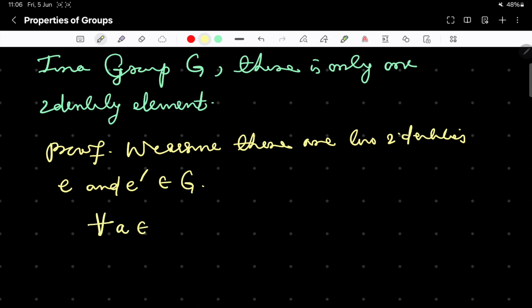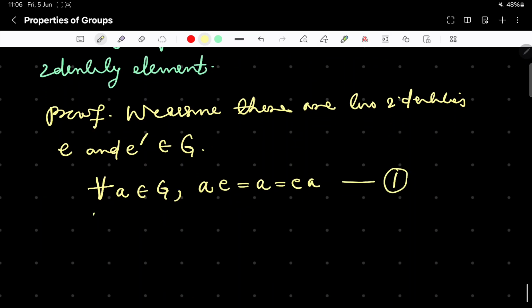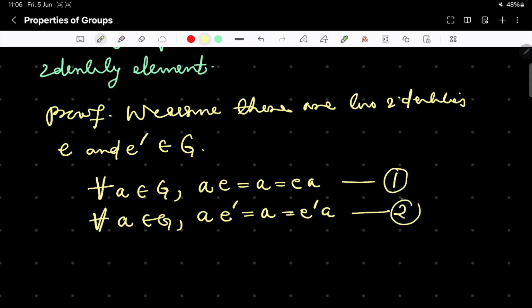That means for every A in G, A E equal to A is equal to E A. So let it be 1. And similarly, we have E dash is also an identity, so that also has to follow the identity axiom. So it is A E dash equal to A equal to E dash A. So let it be equation number 2.